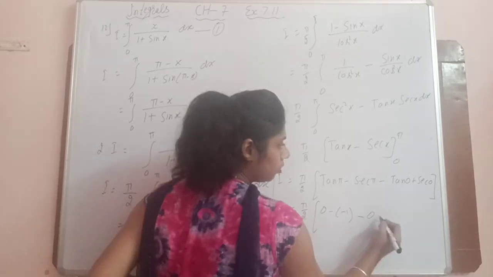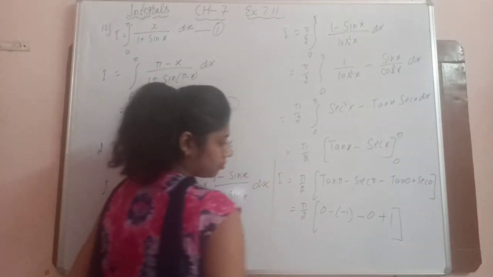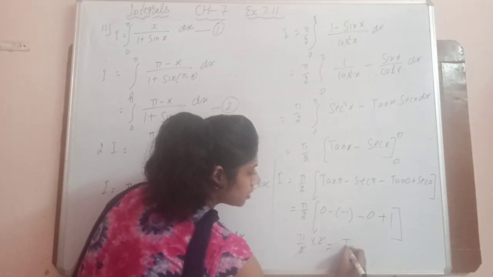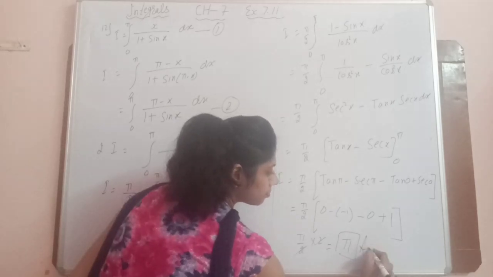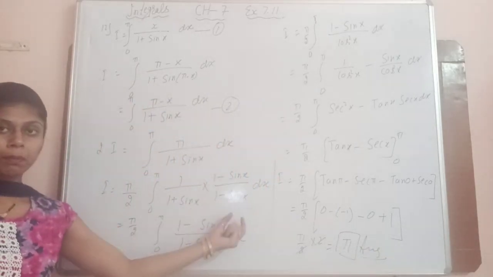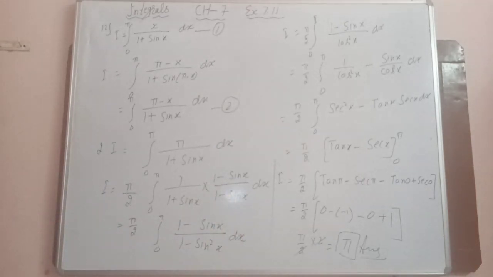Tan 0 is 0. Secant 0 is 1. So pi by 2 into 2, the 2 will be cancelled. So the answer is pi. Clear? So you have to note this step: multiply and divide by the same term to solve the integration. This is your 12th question.